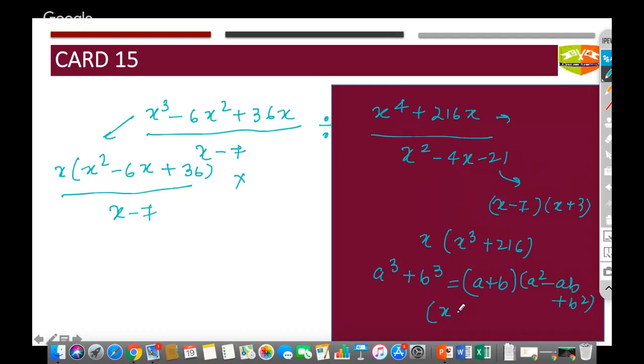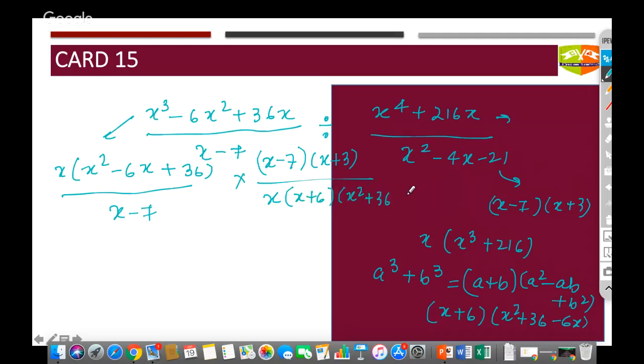So I can write this as x plus 6 x square plus 36 minus 6x. So this goes in the numerator, so x minus 7 x plus 3 goes in the numerator, and what comes in the denominator is x into x plus 6 x square plus 36 minus 6x.